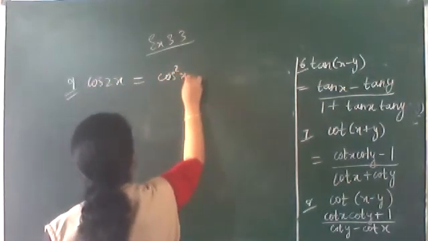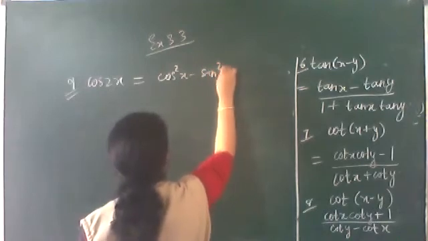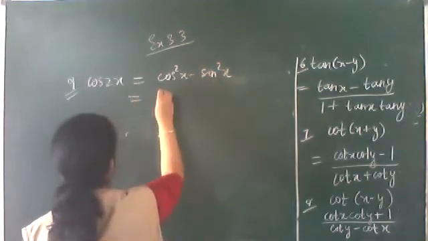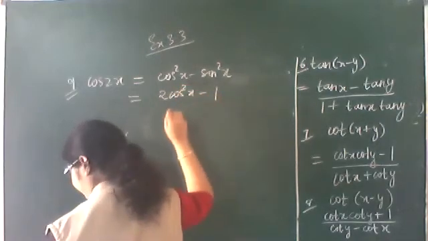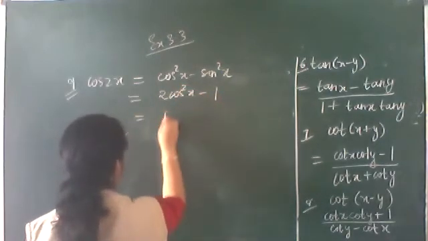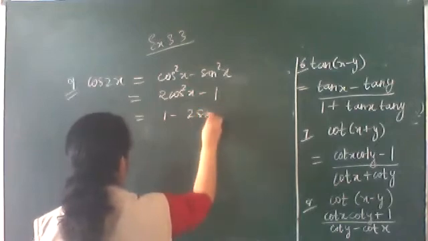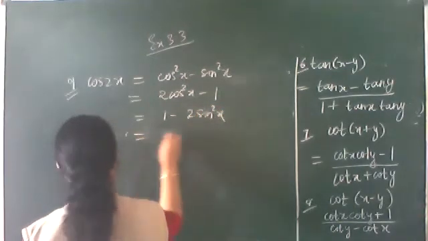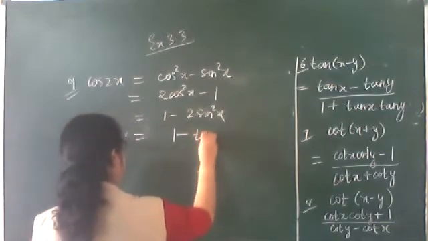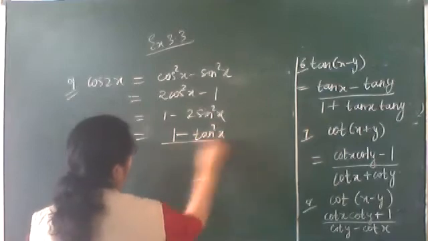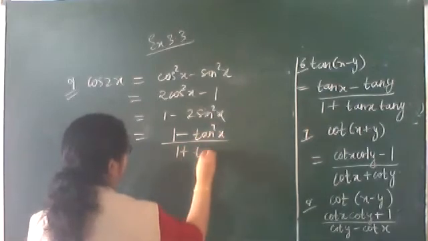Cos square x minus sine square x, or you can write it as 2 cos square x minus 1, or you can write 1 minus 2 sine square x, or you can write 1 minus tan square x upon 1 plus tan square x.